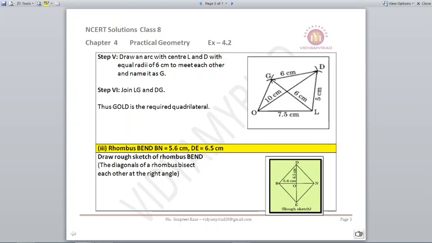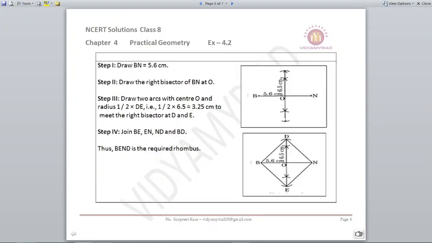We need to see that they are perpendicular to one another. So we will first take line BN of 5.6 centimeters and we will draw perpendicular bisectors on this, up and down, by 2 cuts. That will make my line perpendicular. They will bisect each other, so BO and ON will be equal.